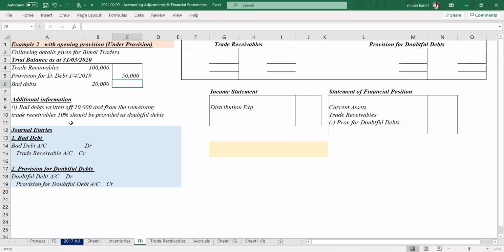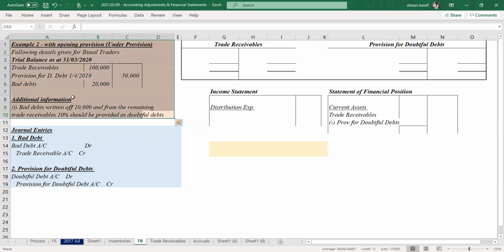Bad debt is 20,000. Bad debt written off 10,000, and from the remaining trade receivables, 10% will be written off as bad debt, doubtful debt. So this is the example.